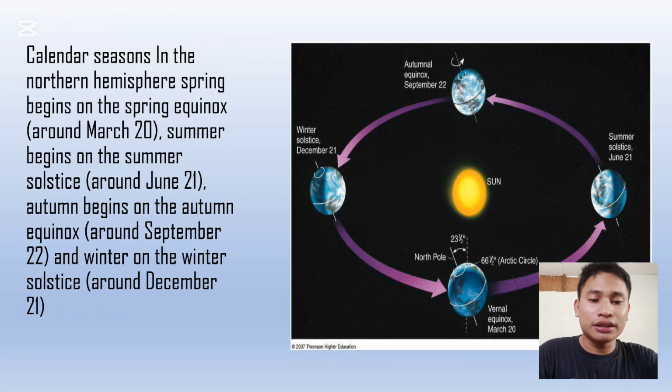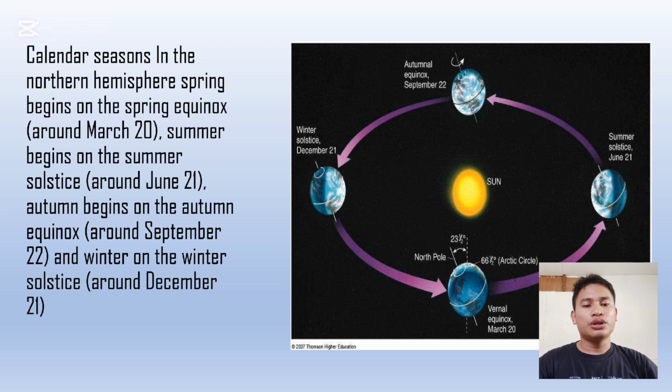Next is the calendar seasons. So sa calendar ato makuanan, in the northern hemisphere, spring begins on the spring equinox around March 20. Summer begins on the summer solstice around June 21.